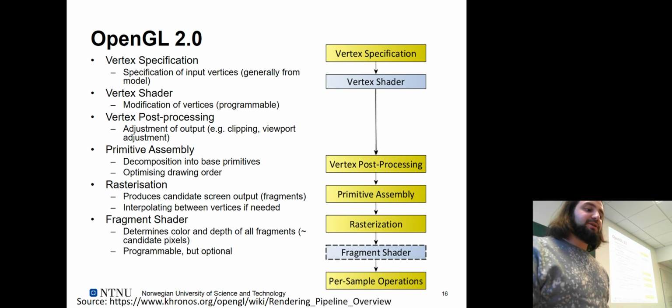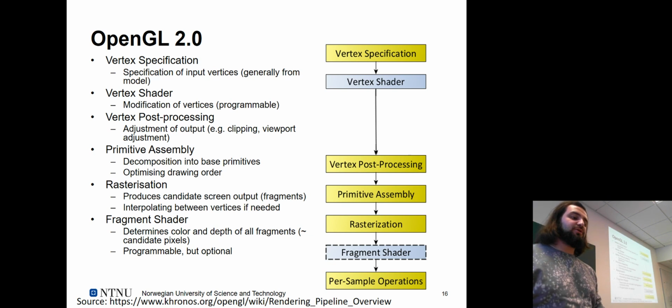Then we have the fragment shader that is either default, or we can optionally program it, depending on how we want to shade and define our fragments, and it assigns a particular color to all fragments. So this is the actual visual appearance.